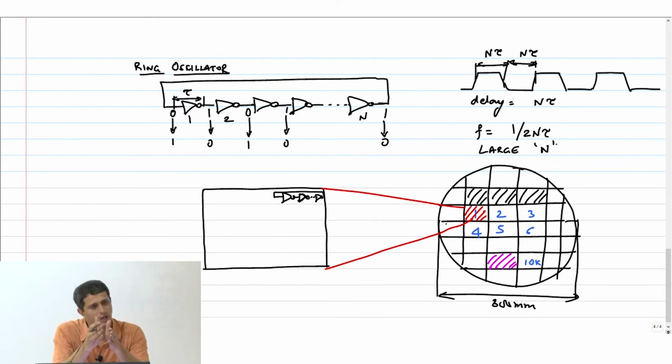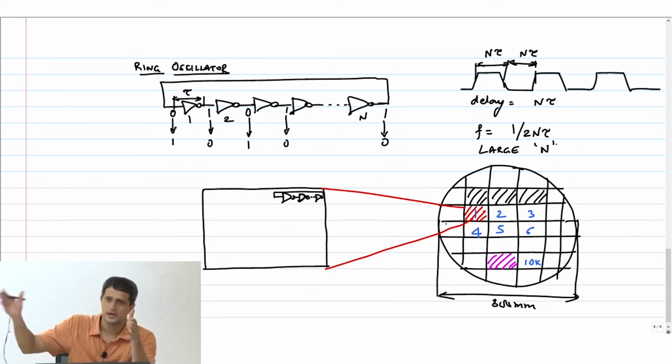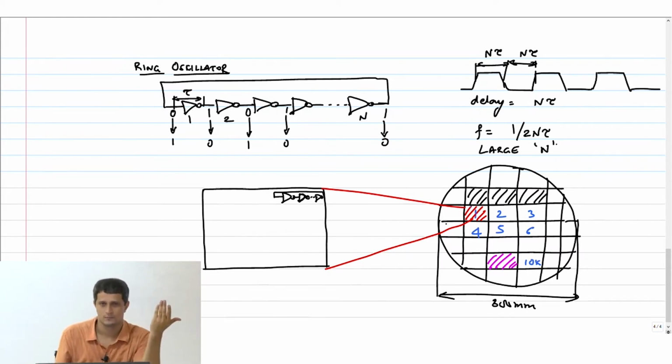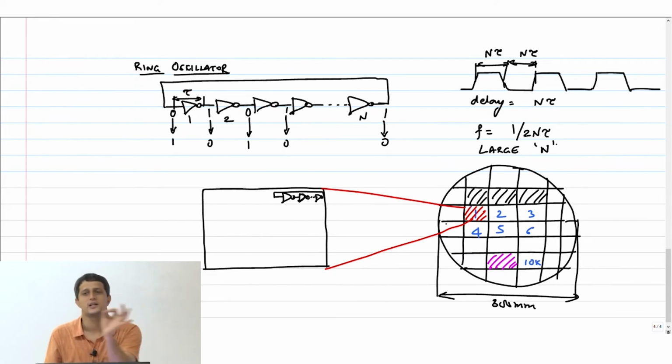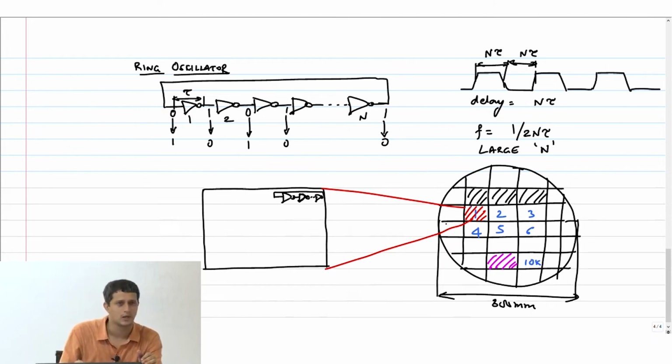Further, you put a frequency divider, by 2, by 4, by 8, and then you bring it out. So after all that, you can bring this oscillating signal out from the chip. So you put a ring oscillator which has a large number of stages, followed by a divider also, and you get this out on a pad.